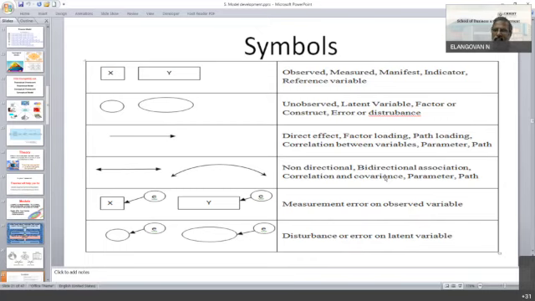Like a chi-square test, you can change the variable between row and column. Similarly, in correlation, you can find correlation between X and Y, or between Y and X. Both will give the same results. So there is no particular direction when you are relating variables as correlated variables. Then we indicate that with the double-headed arrow. So a double-headed arrow means it's a mutual connection or relation, a correlation or a covariance.